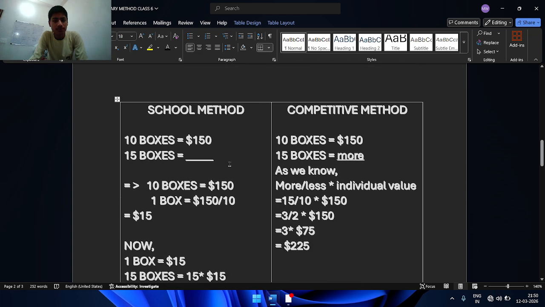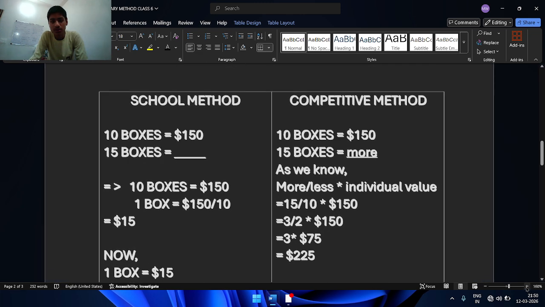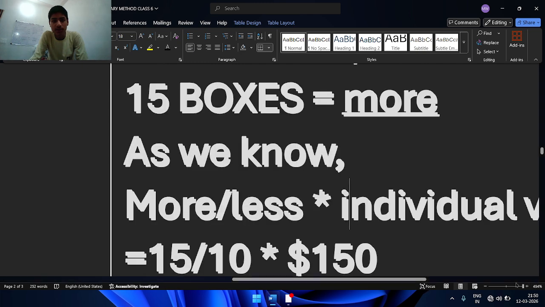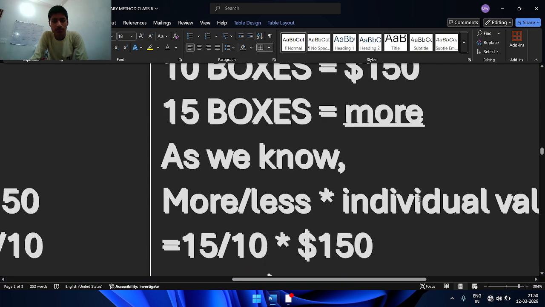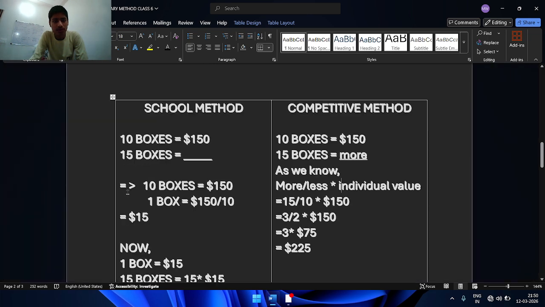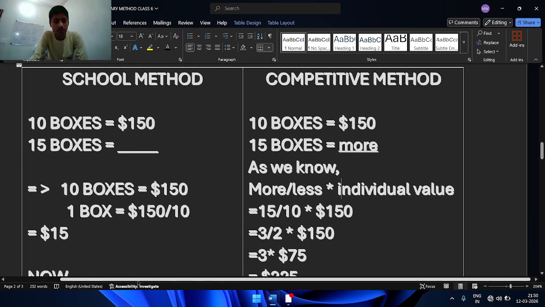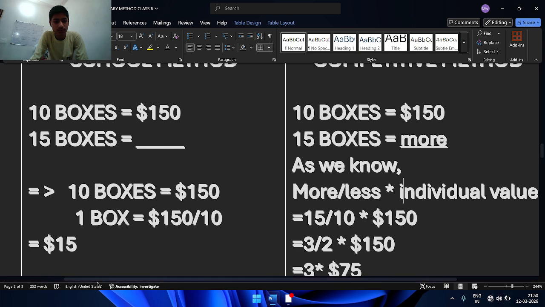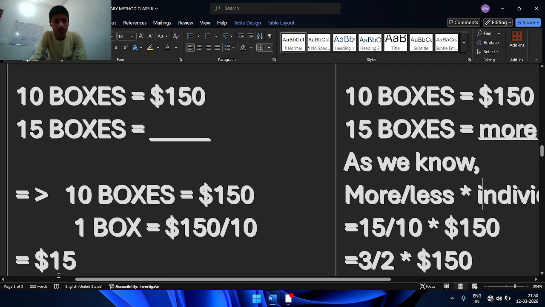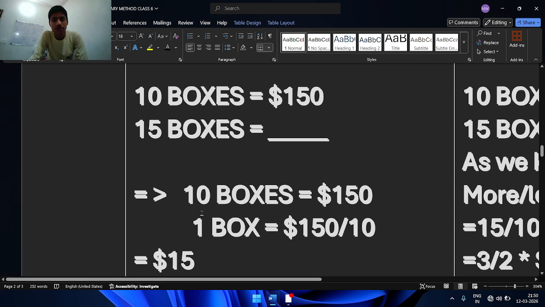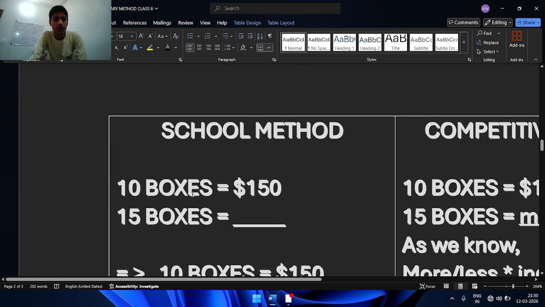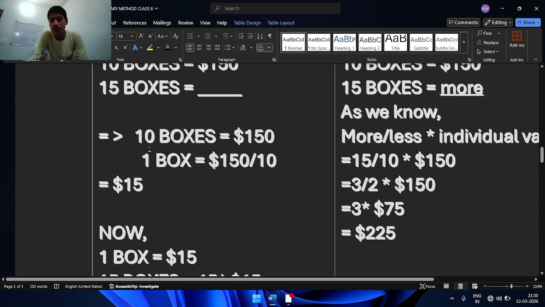In the school method we are talking about, 10 boxes equal $150.